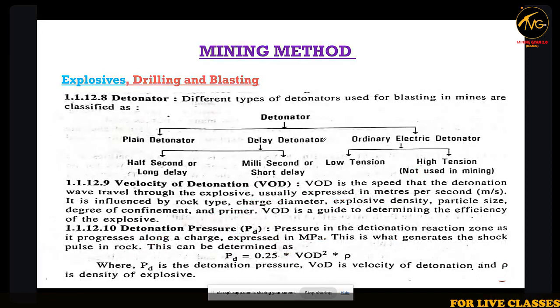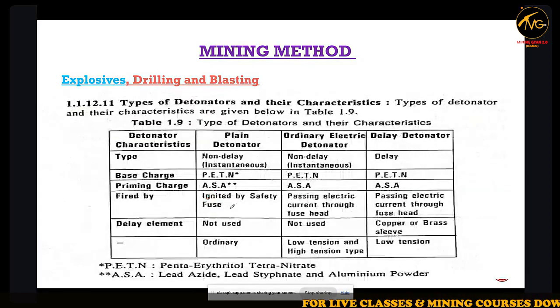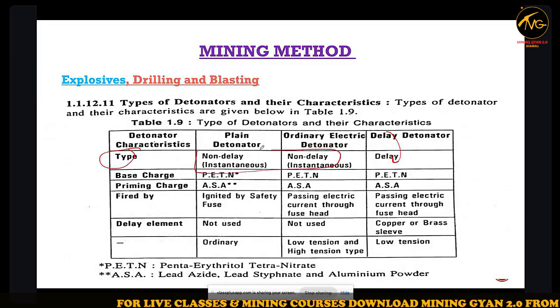Then we discussed the velocity of detonator, detonating pressure, type of detonator and their characteristics. This plain detonator will fire instantly, so it is not a delay detonator; delay element नहीं होता इसमें.